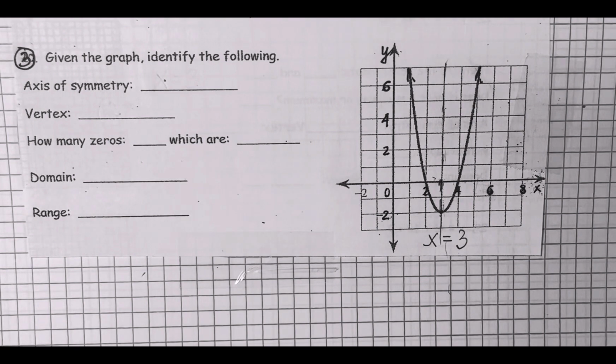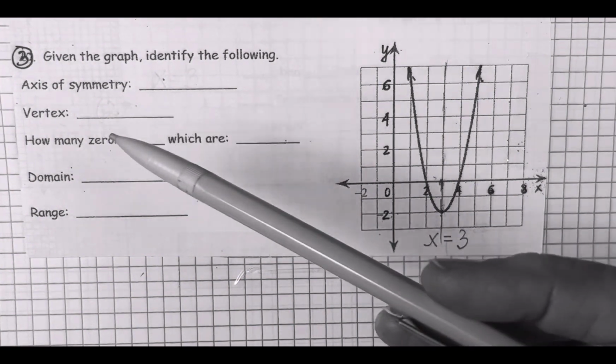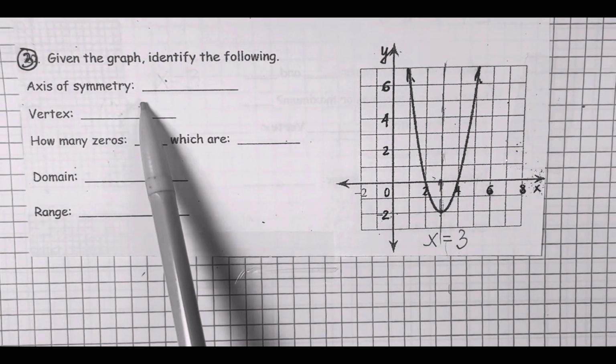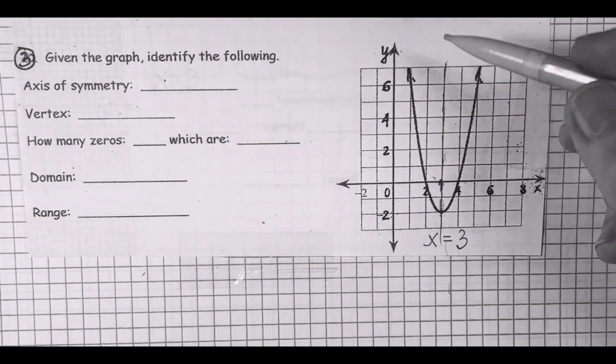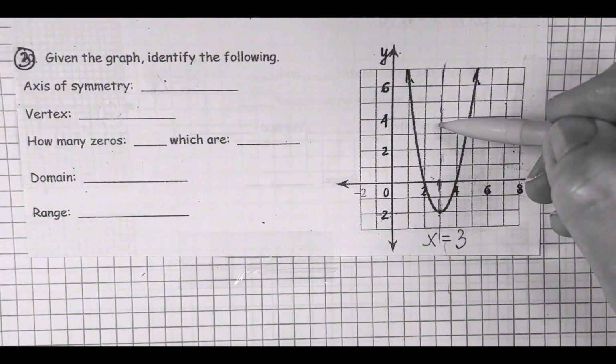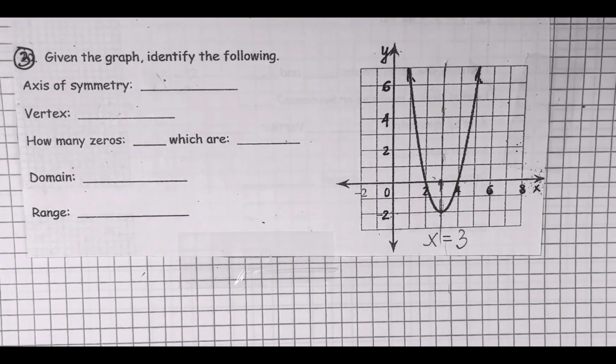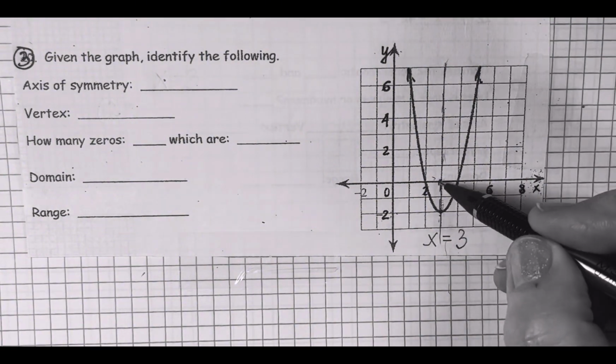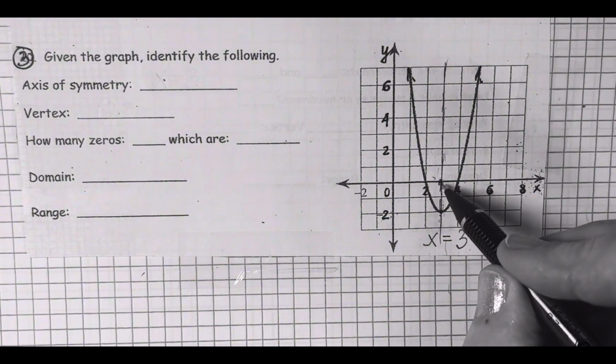In this example, we're given the graph of a parabola, and we're going to identify some values for this parabola. First, they ask us to find the axis of symmetry. Remember, the parabola is symmetrical over the line of symmetry. So the line of symmetry is x equals 3.